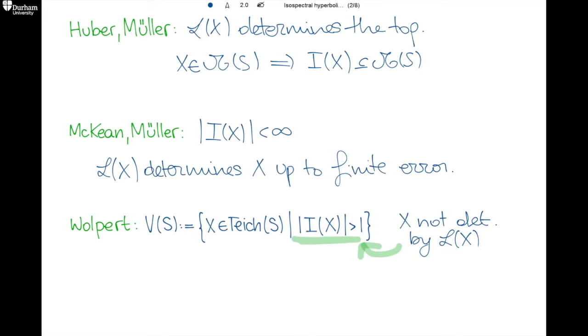And what Wolpert showed is that in the case of a closed surface of genus G, this thing is a proper real analytic subvariety of Teichmüller space.